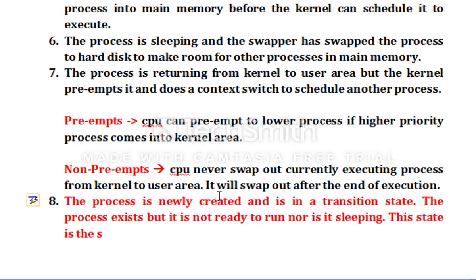This state is the start state for all processes except process 0.